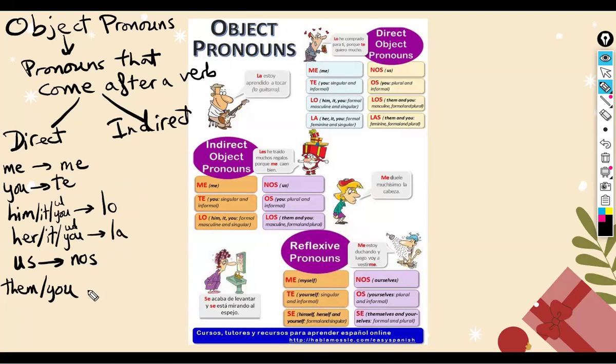Obviously. Right, so los, so this is masculine here, los, right? And for them, you, feminine, that is plural, right? That is las. Good. So these are the direct object pronouns.